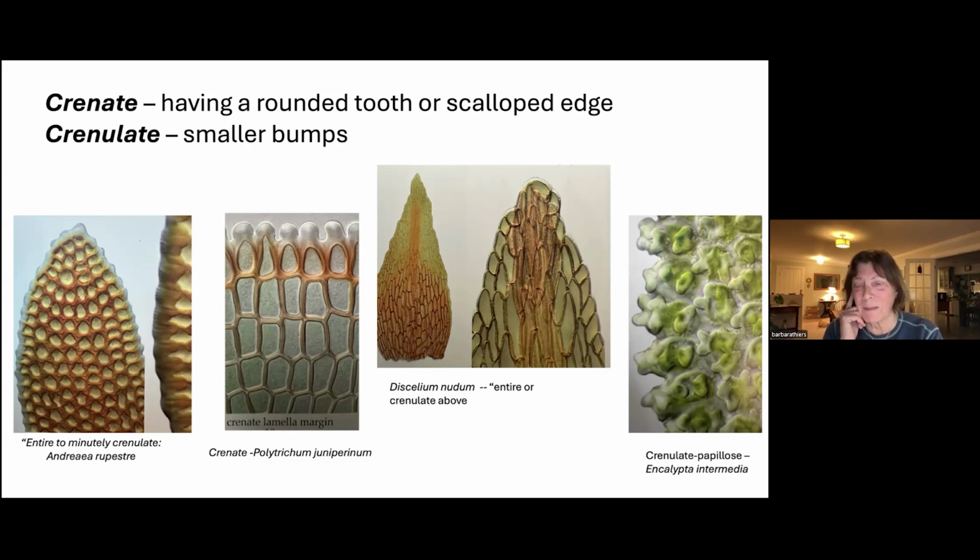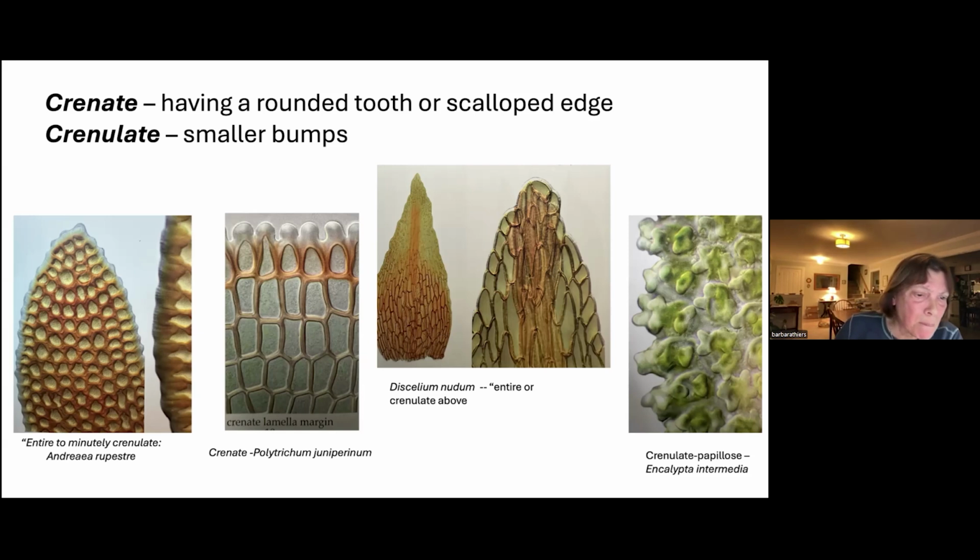But they can also be a little bit irregular. This is Dicranum nudum. It's described as being entire or crenulate above. You see, just a little bit bumpy. And again, with papillae sticking off the edge, Encalypta intermedia is described as crenulate-papillose.